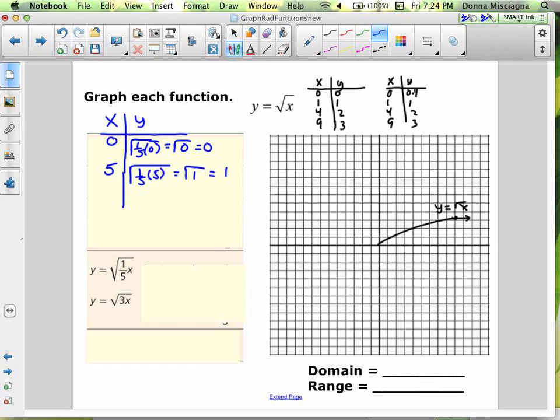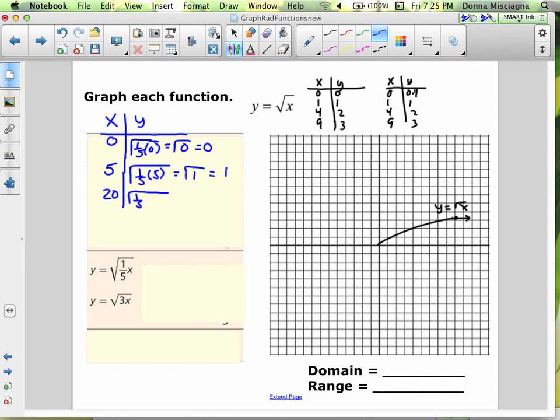I'm going to pick another point. I'm going to choose 20.